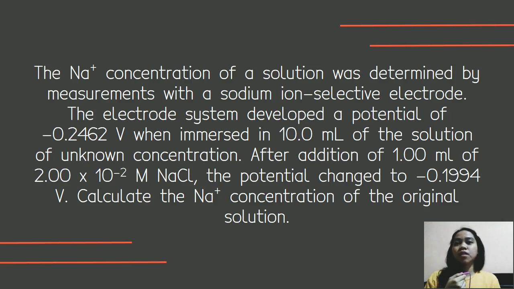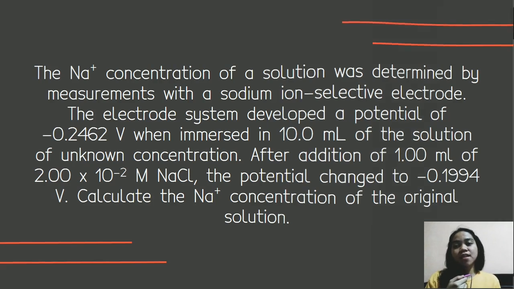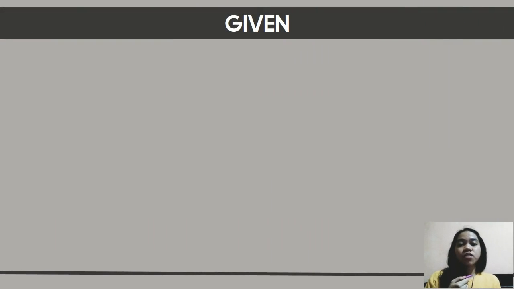The electrode system developed a potential of negative 0.2462 volts when immersed in 10 milliliters of the solution of unknown concentration. After addition of 1 milliliter of 2.00 times 10 to the negative 2 molar NaCl, the potential changed to negative 0.1994 volts. Calculate the Na+ concentration of the original sample.